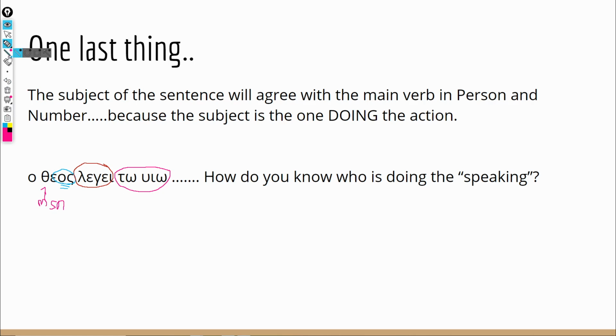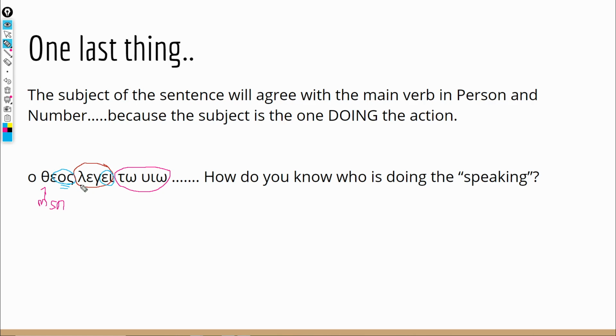Lege, we want to cut off the stem from the rest of the word. E from leg, if you remember, leg means like to speak or to say. So if God is speaking or saying, how many people and in what person is that happening? Well, the narrator is the one talking in the sentence.